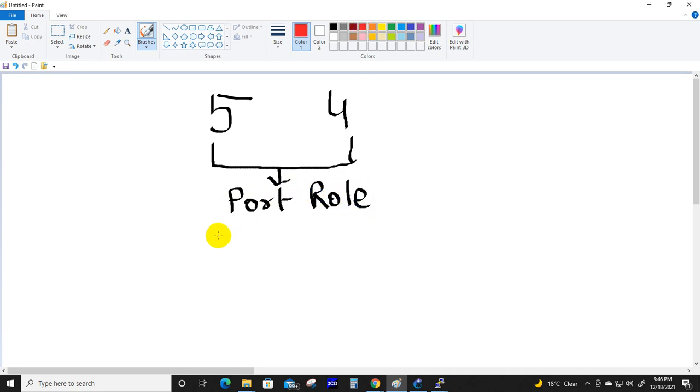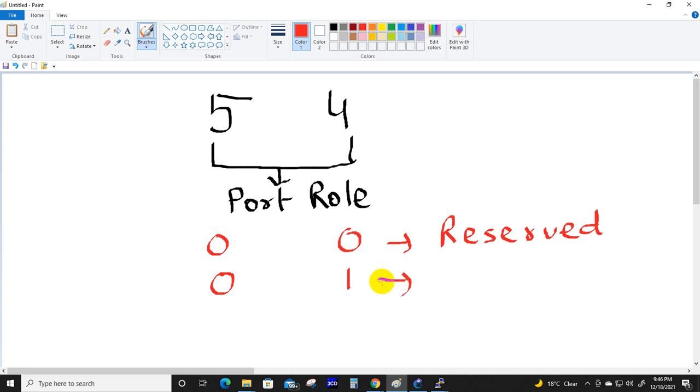If both are 0, that is reserved. Clear? If it is 0 and 1, that means it is alternate or backup.